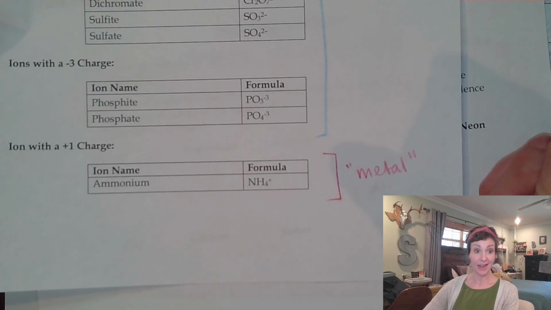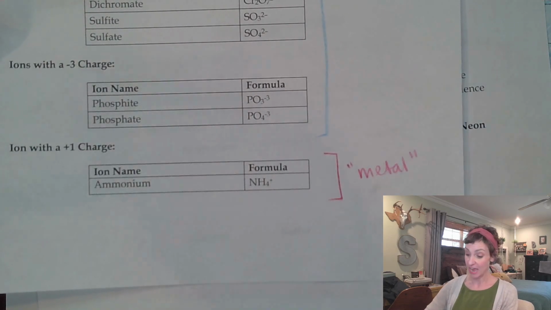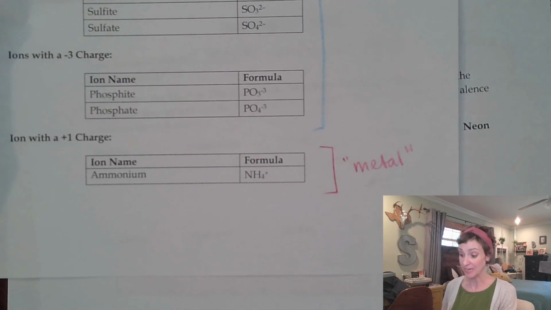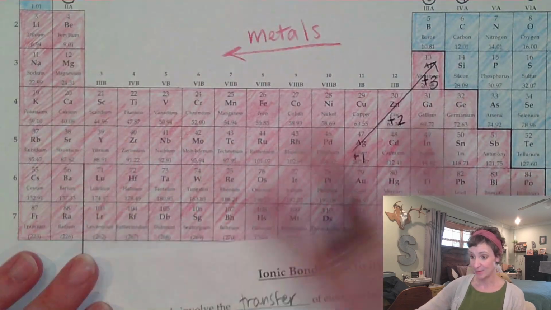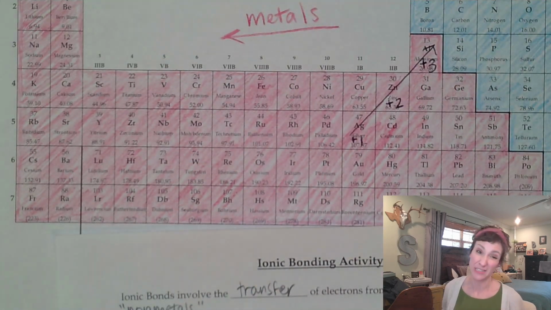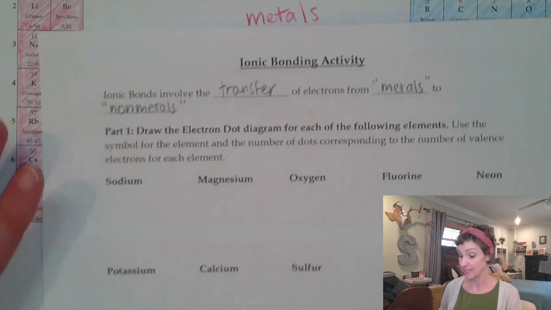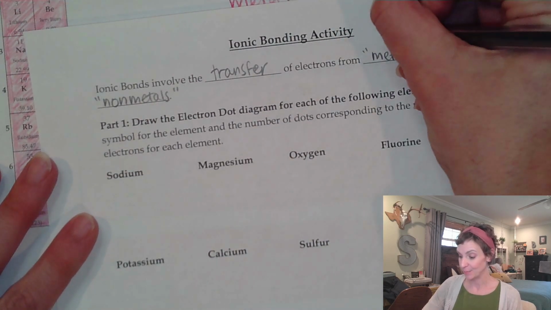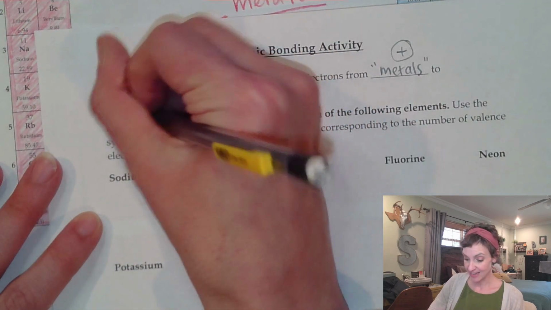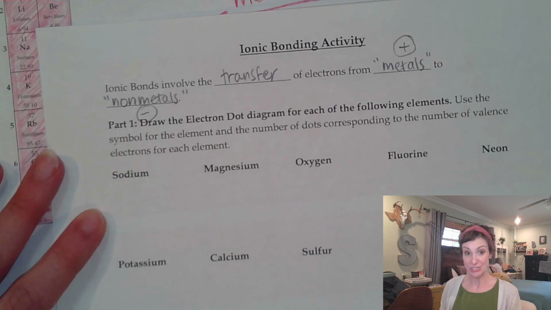Similarly, I've got a metal acting polyatomic ion in ammonium, so that means he can also act as a metal. So basically anybody on the periodic table who makes an ion positive or negative, or one of my polyatomic ions, can be involved in this ionic bond. So basically what I'm looking for here is anything that can make a positive charge and anything that can make a negative charge, which is super exciting.